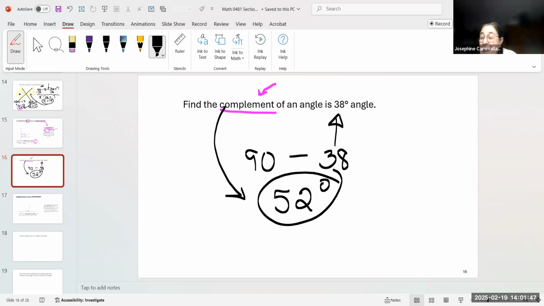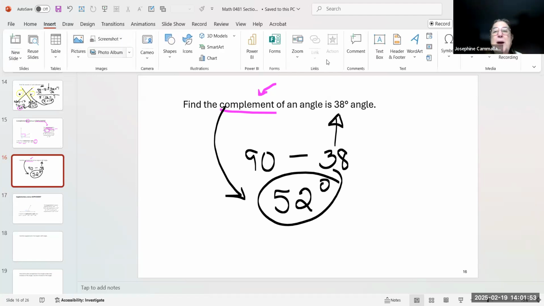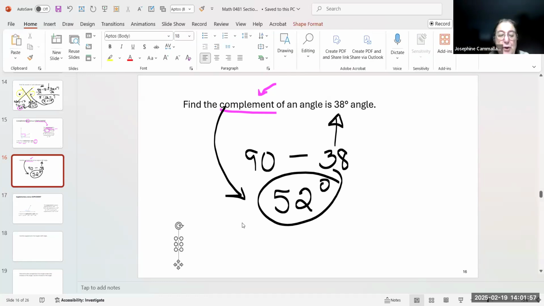Okay, but I can say that, and just to help you out here, I can say 38 degrees plus 52 degrees are complementary.